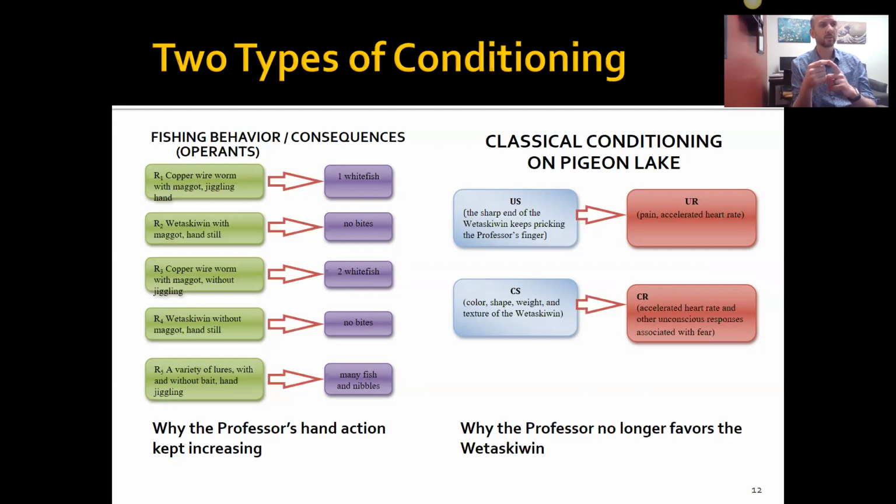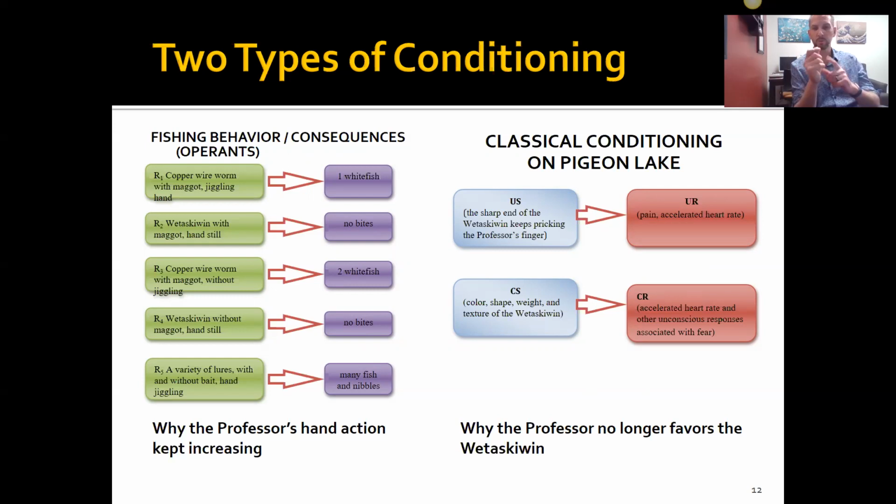Now, the conditioned stimulus, well, that is the color, shape, weight, texture of the Wetaskiwin hook. Just what does it look like? What does it feel like? What are its characteristics? Those don't elicit pain. Initially it's just a neutral stimulus.